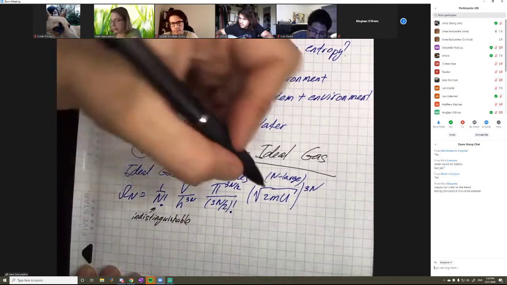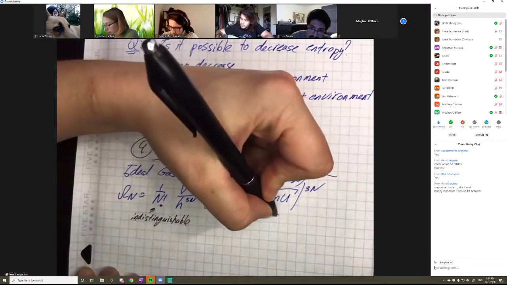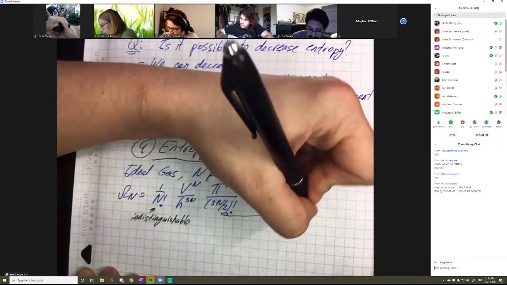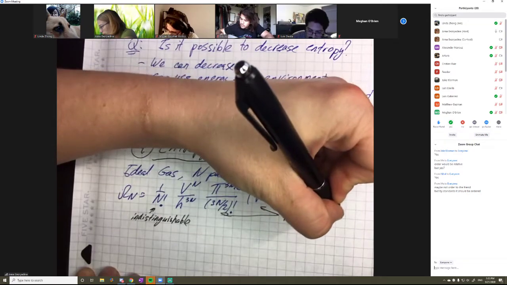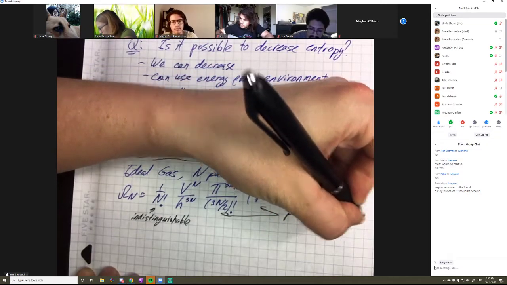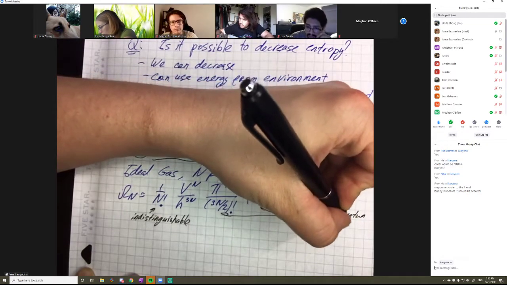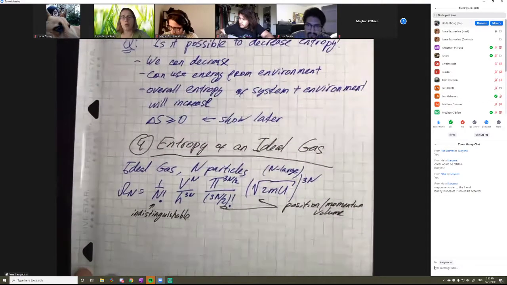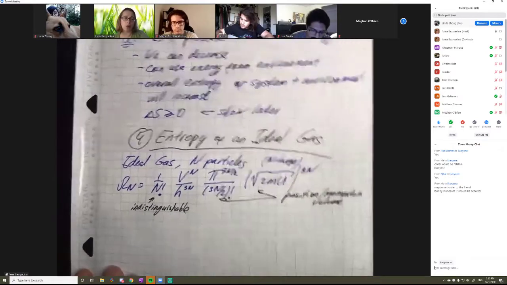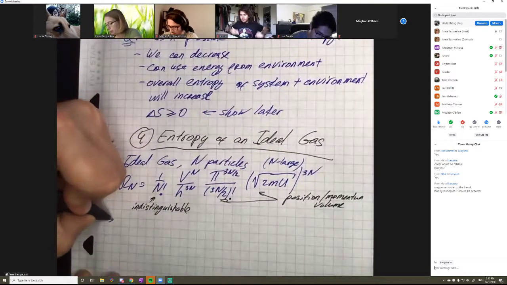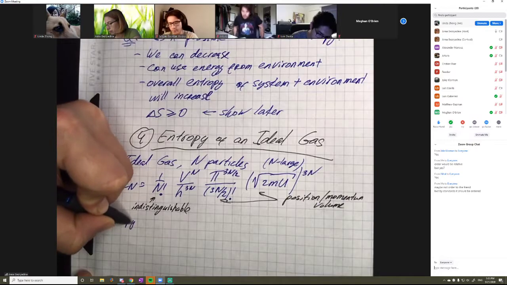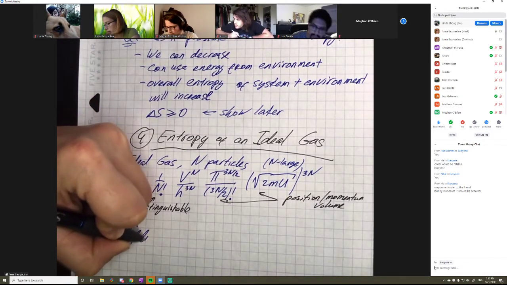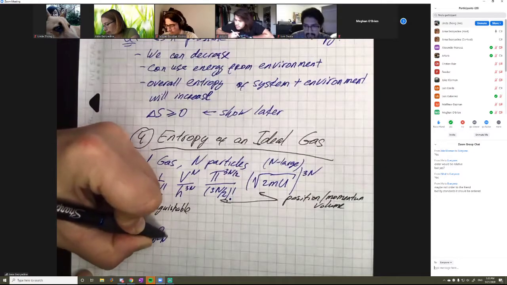And these parts come from position, momentum, volume. So this is our multiplicity. So now we can find the entropy. It's k logarithm of omega.